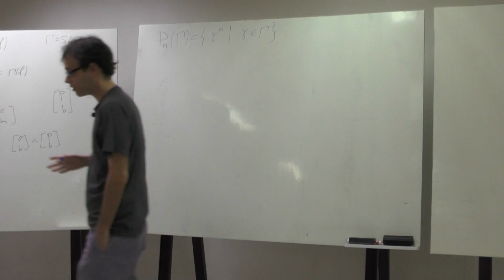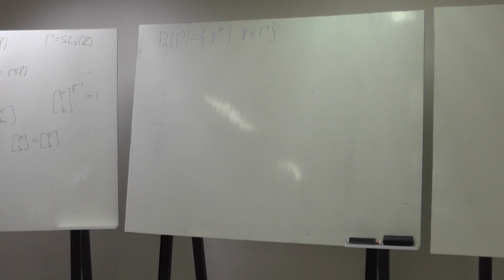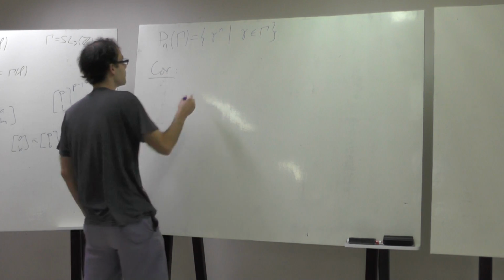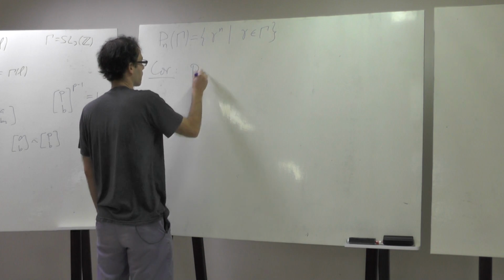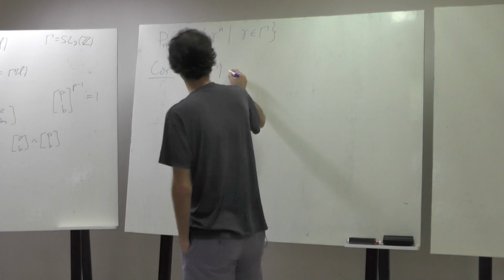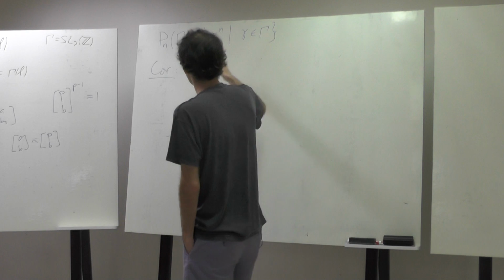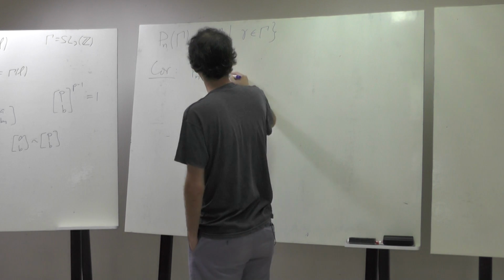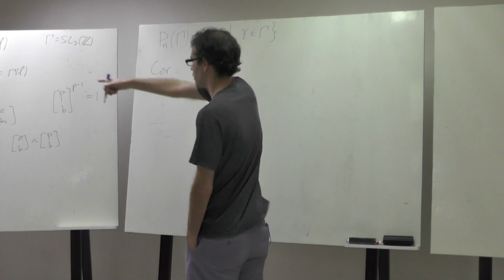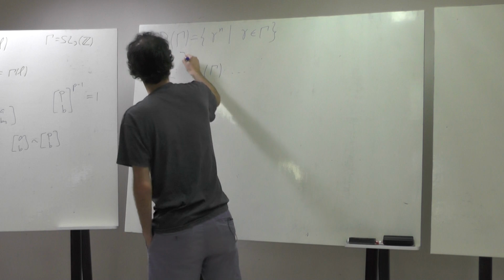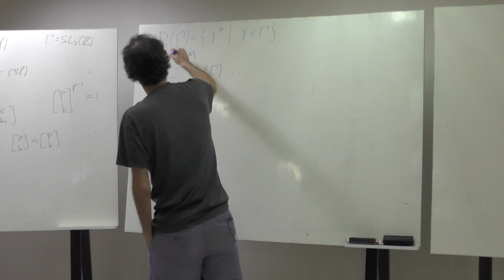And the claim, let me write a corollary here, of the statement that for every n there exists an m, but actually this m is the same m.